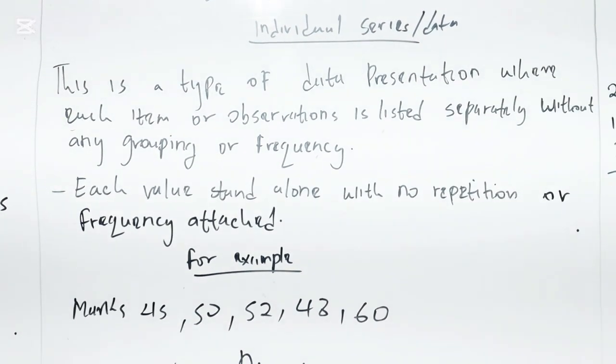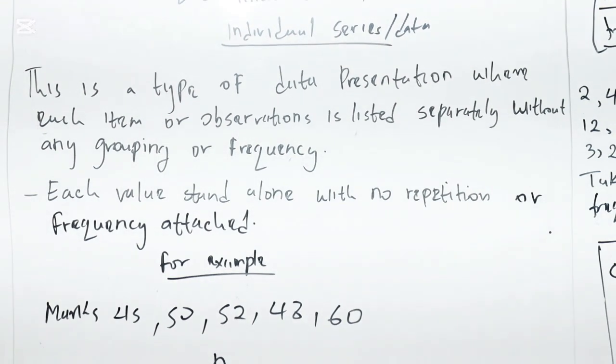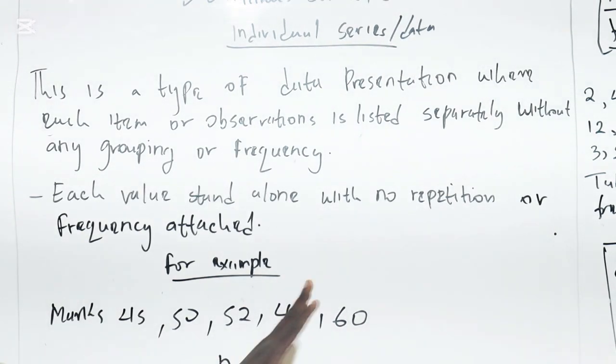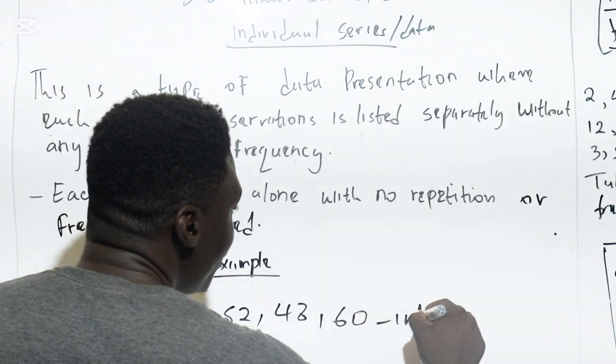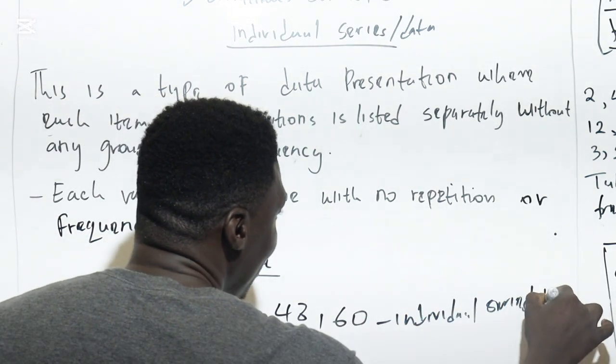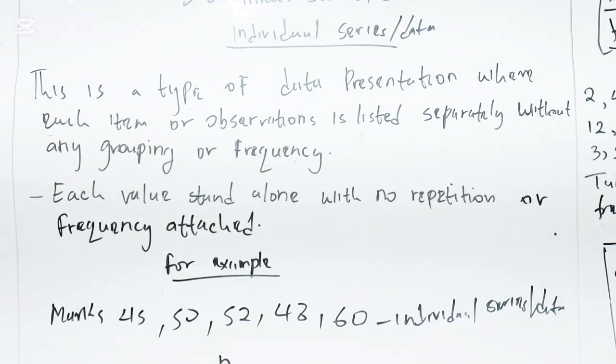Now I want to highlight the marks of my students. So I'll just highlight the marks: we have 45, 50, 52, 48, and 60. So these are what we call individual series or data.